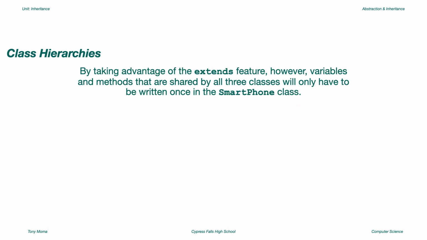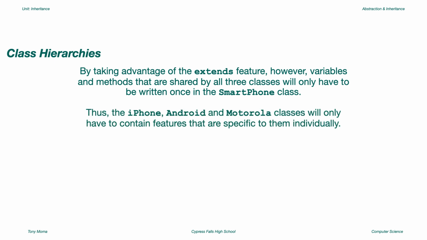By taking advantage of the extends feature, however, variables and methods that are shared by all classes in that smartphone hierarchy will only have to be written once in the smartphone class. Thus, the iPhone, Android, and Motorola classes will only have to contain features that are specific to them individually.